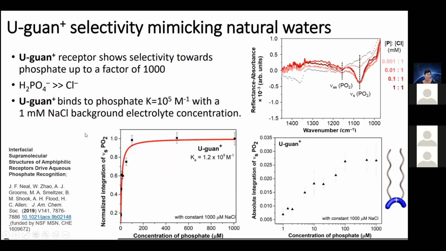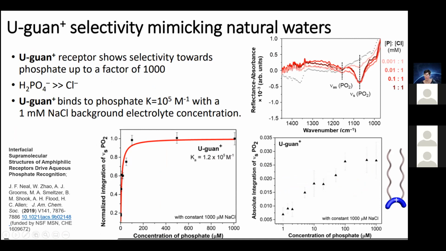So in looking at the IRRAS, the infrared reflection absorption spectroscopy, which was most reliable, and plotting those as a concentration of phosphate, we get a binding constant of about 10 to the 5 per mole.